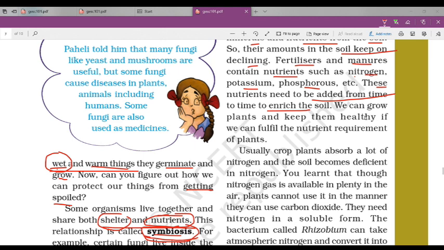Definitely we can grow plants and keep them healthy if we can fulfill the nutrient requirement of the plant. If we want to grow a healthy plant, we have to replenish the soil by using manure and fertilizer. Manure is best to use.